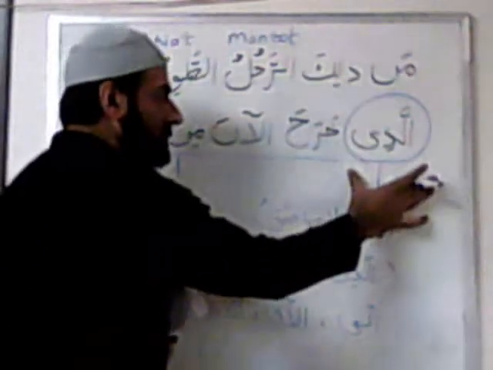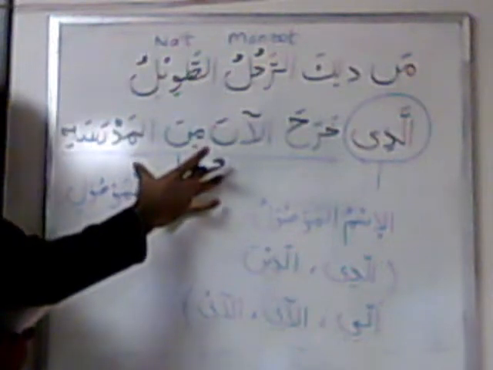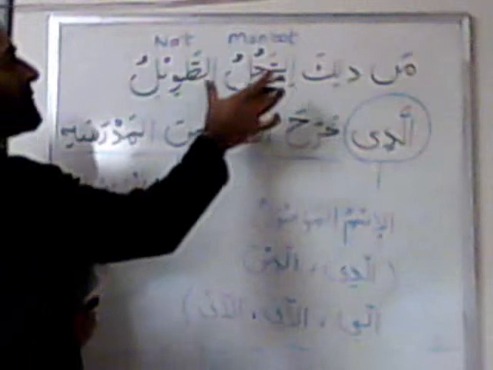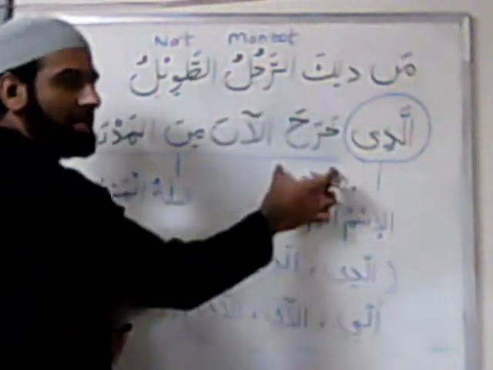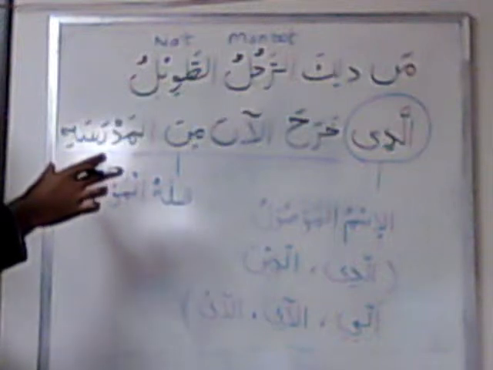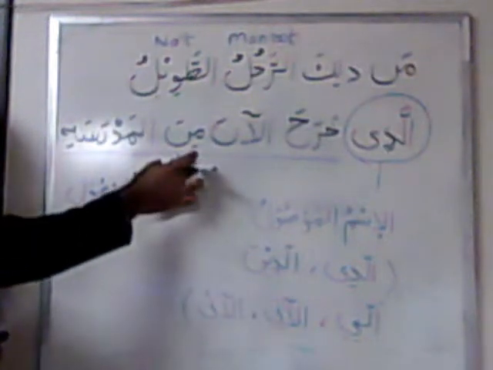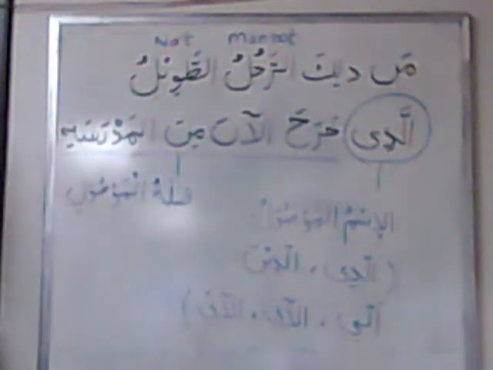You have a relative pronoun and you have a connected phrase or clause which describes this relative pronoun. So who are we talking about? We're talking about a man who just came out from the school. Kharaja, came out, al-ana, right now, min, from al-madrasati, from the school.